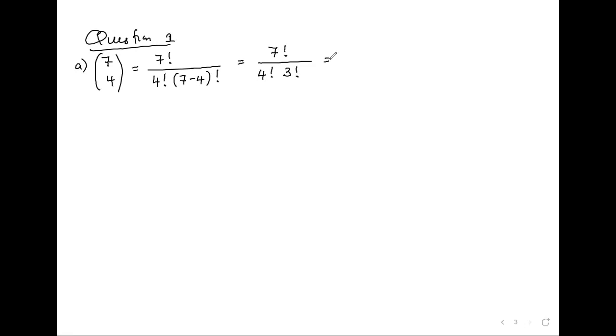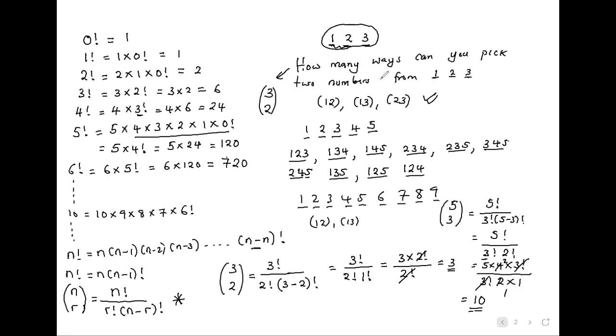Now we have to, every factorial, we have defined factorial. So we define factorial as reducing by one, all the way until you get the last number. Or you can do 2 steps, just reduce by 1.